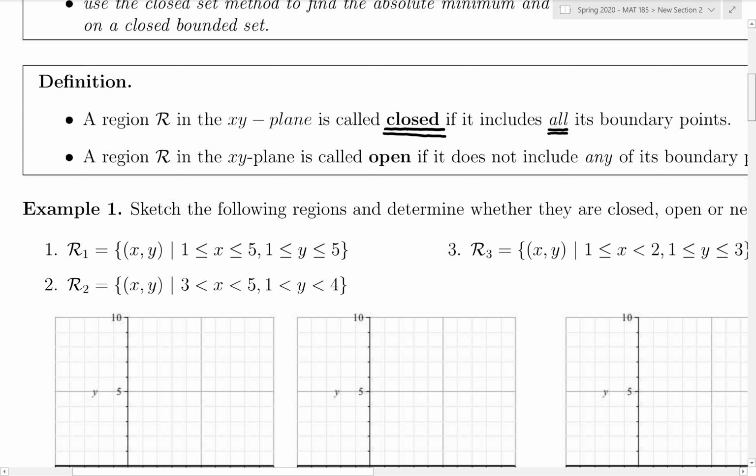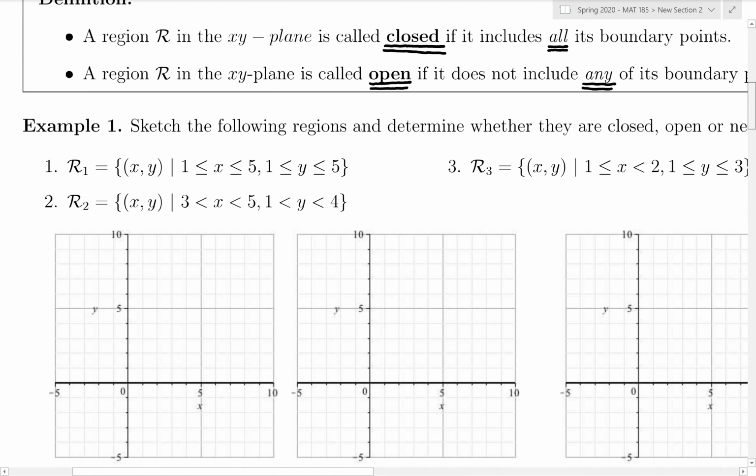It needs to include all of its boundary points. And a region is open if it does not include any of its boundary points. So closed means it includes all of its boundary points, and open means it does not include any of its boundary points. With that in mind, let's look at the following example.